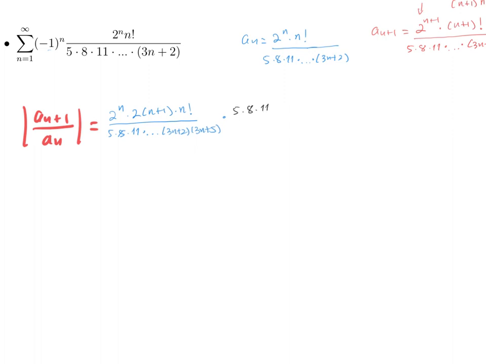Remember, you had to multiply with the reciprocal, and then times 3n plus 2. Then on the bottom, this is 2 to the n times n factorial.